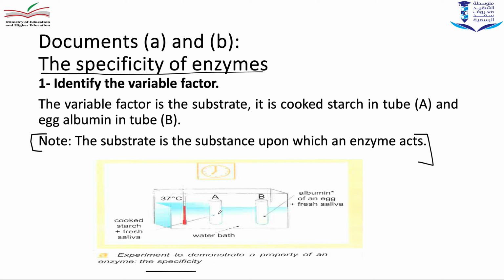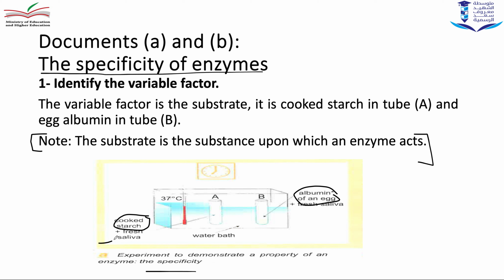Here we have two test tubes A and B. The first one contains cooked starch with fresh saliva, and the second one contains albumin of an egg plus fresh saliva. Albumin is the protein of egg white. So the variable factor here is the substrate, because we want to check if enzymes act on a specific substrate or not.